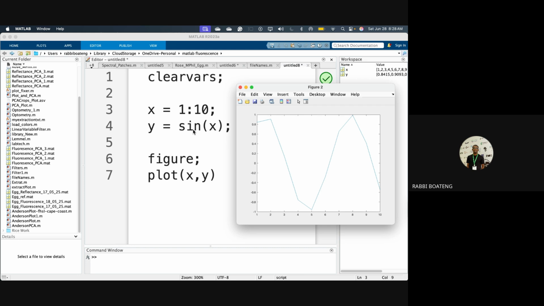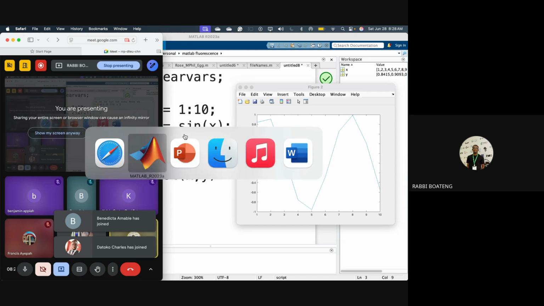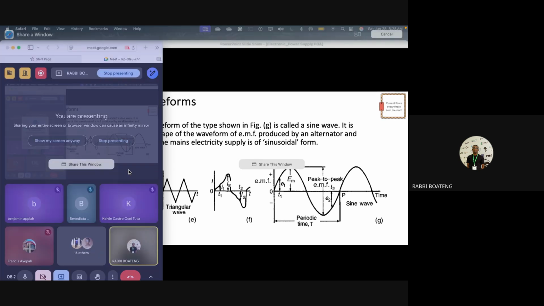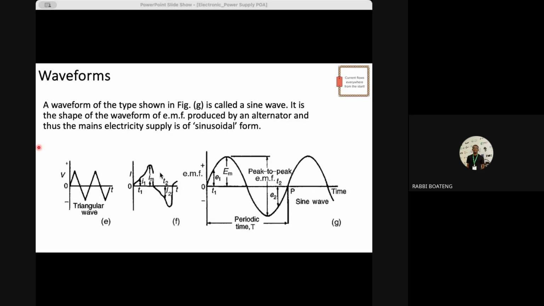So what I'm trying to say is, if we have a sinusoidal wave, it looks almost like what we have here, depending on the variables that you use. If the interval is very small, you get a very smooth one. If the interval varies that much, you get a very rough one, like what I just did. Now, if you have something like this, it looks like how an alternating waveform looks.